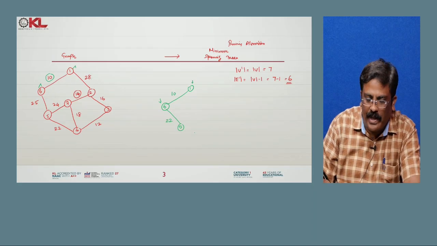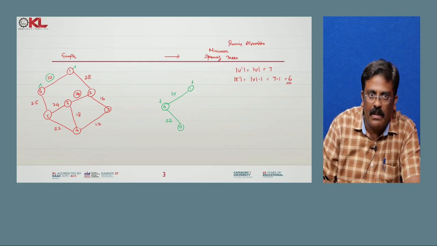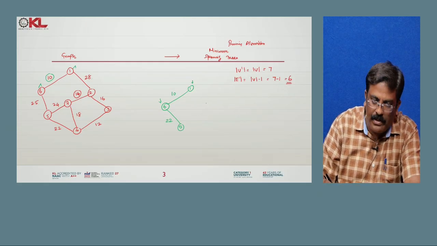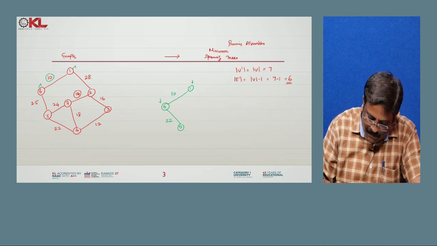From 5 to 4 it is 22, from 5 to 7 it is 24, and from 1 to 2 it is 28. Among these, 5 to 4 has the least weight, that is 22. So we go from 5 to 4.